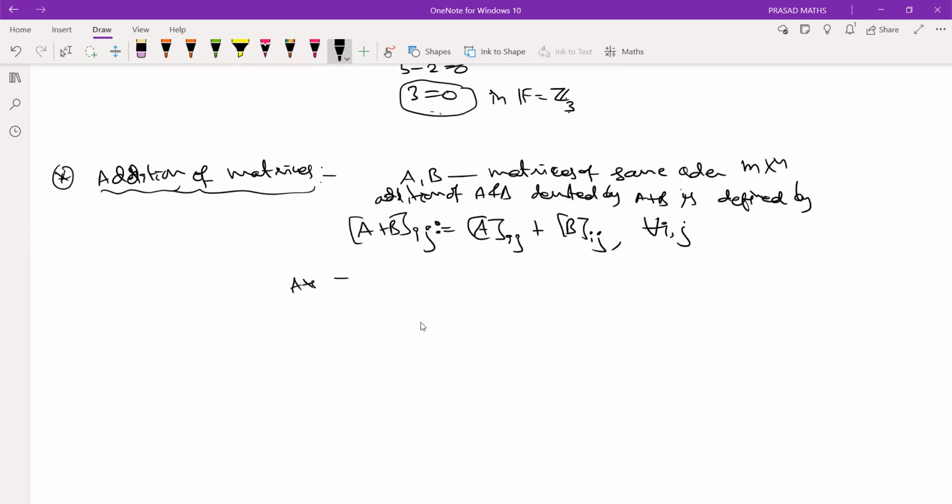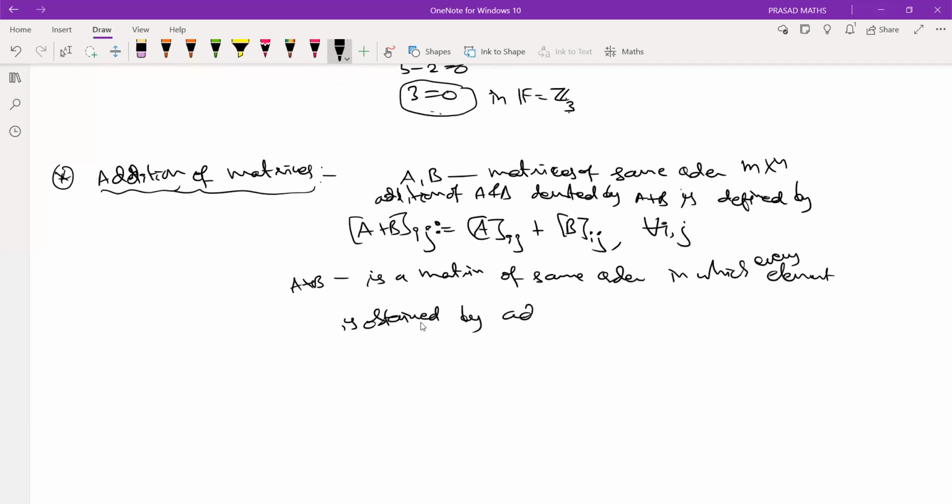A plus B is also a matrix of the same order.